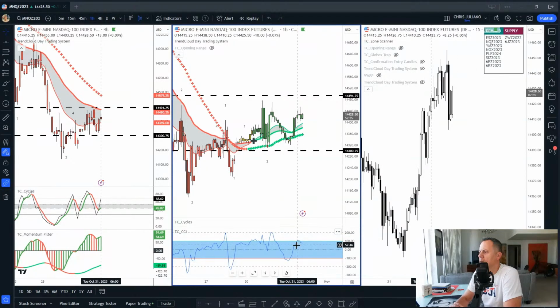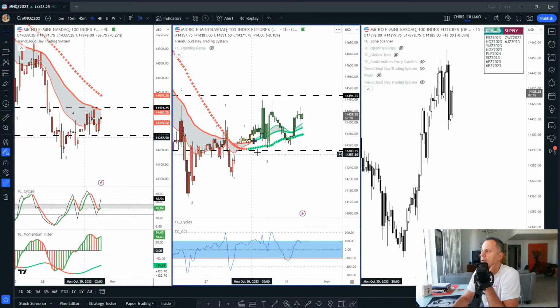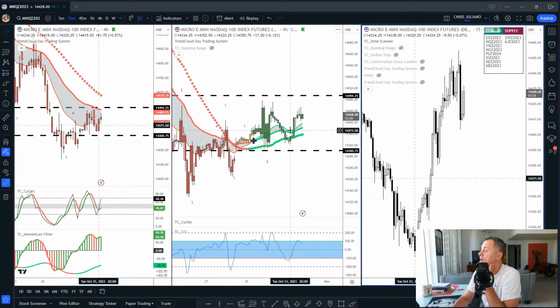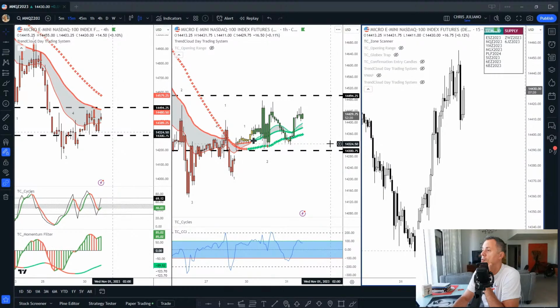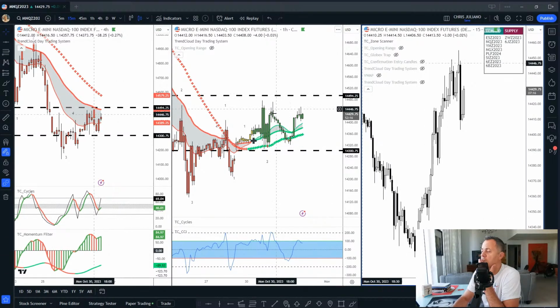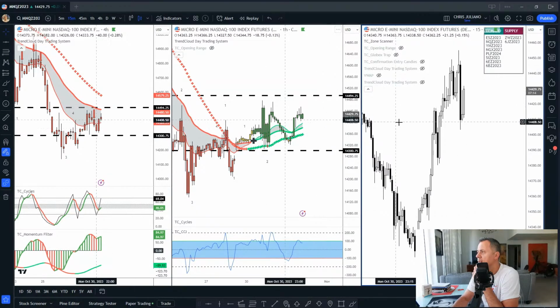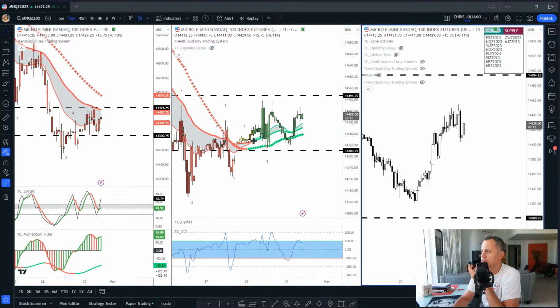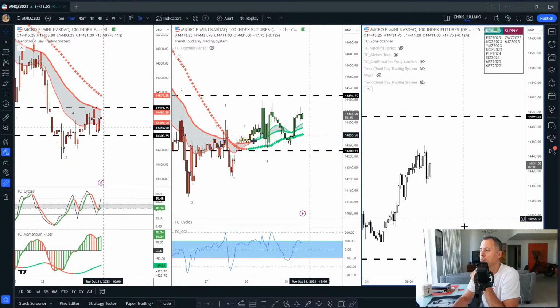Yeah, so we are going back and forth on momentum as well. Probably best to stay away from the Nasdaq because on the opening range, yeah, it's pretty powerful. On the opening range, you're not really going to know which direction it could break, the upside or the downside.